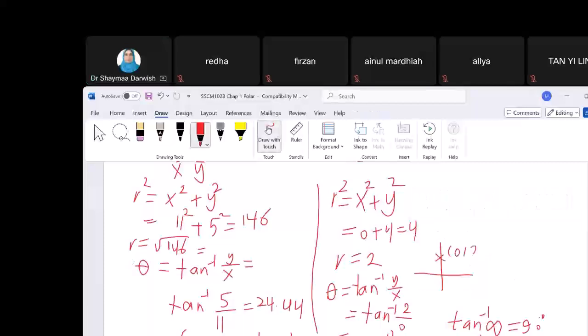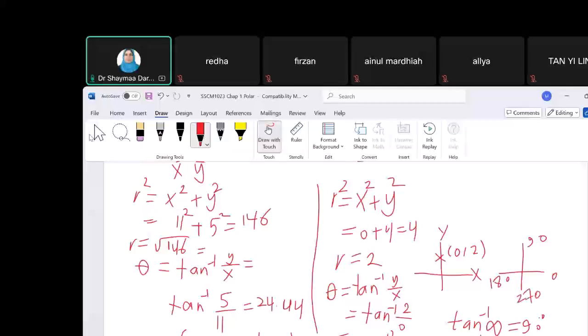This is in Cartesian, x and y. In polar, I need to make 0 here, 90 here, 180 here, 270 here.